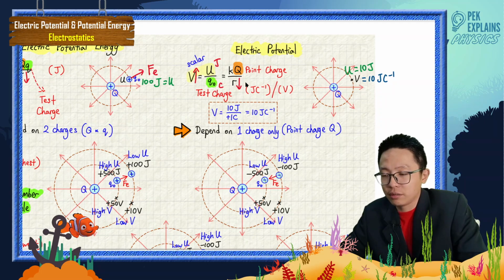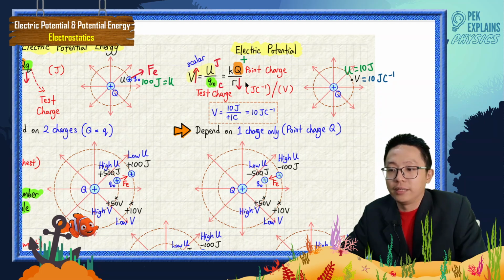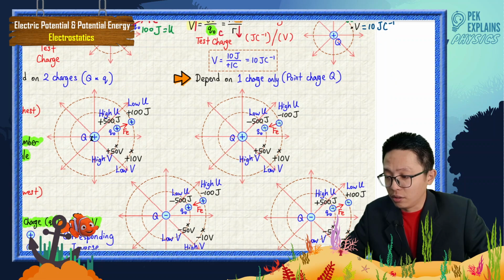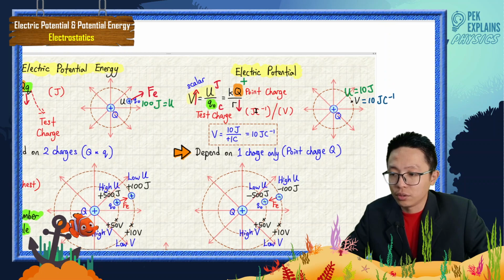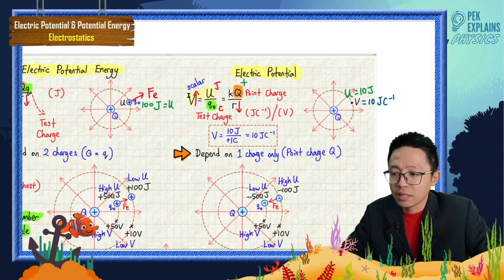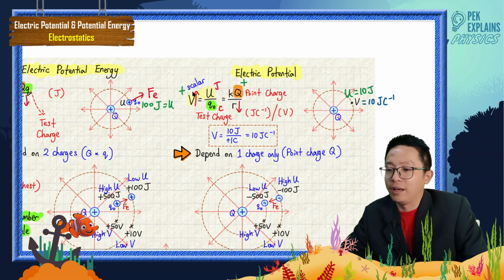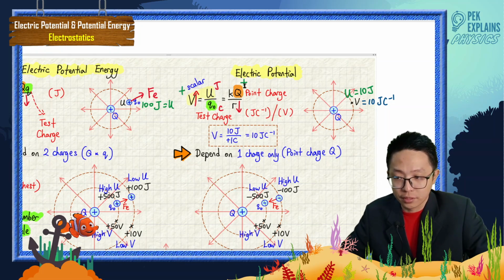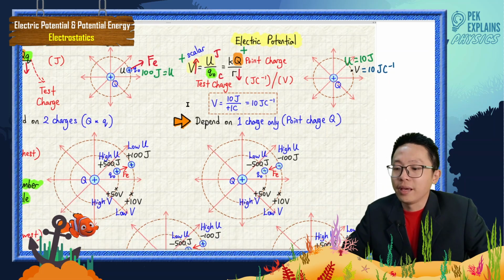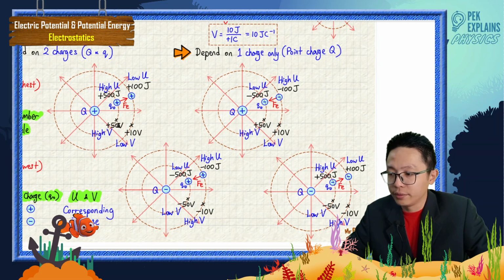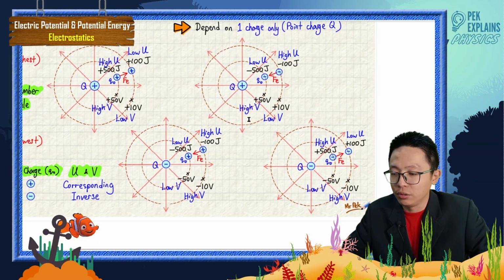Now your point charge is positive, so your potential is also positive. That's why this value 50 volt, 10 volt, 50 volt, 10 volt, they are all positive because you have a positive point charge. But look at this one.